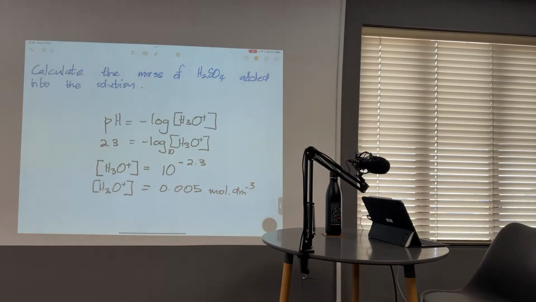What type of acid is it? Yes, it is a strong acid, but it's also, remember, H2, so it means it's diprotic. Which means for every one sulfuric acid, I will always get two hydrogen ions.